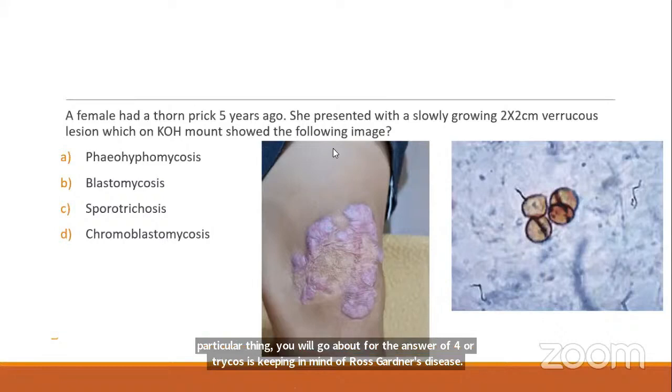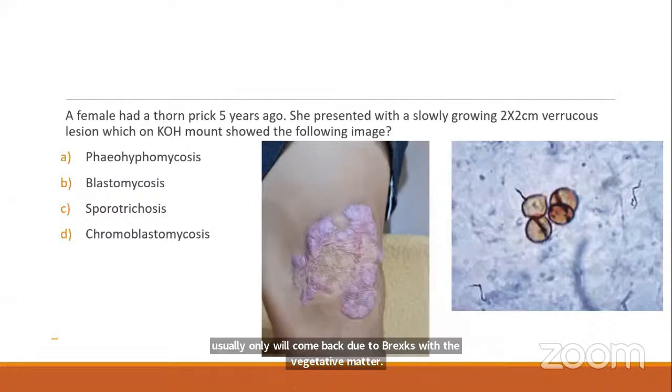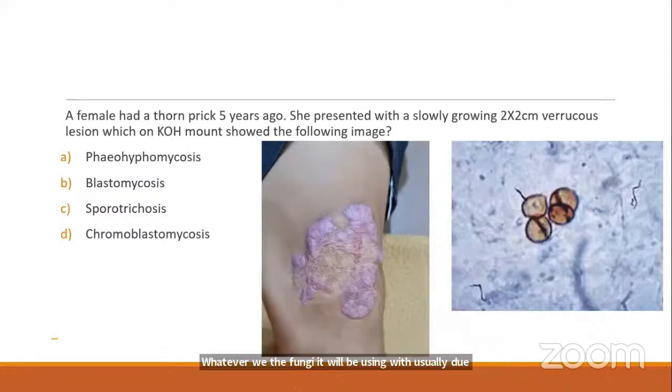But you must remember one fact: many fungal agents usually come about due to pricks with vegetative matter. Whatever be the fungi, it is usually due to a prick with vegetative matter. So you can see here the classical bodies seen are copper penny bodies, also called chromoblastomycosis bodies, sclerotic bodies or muriform cells.